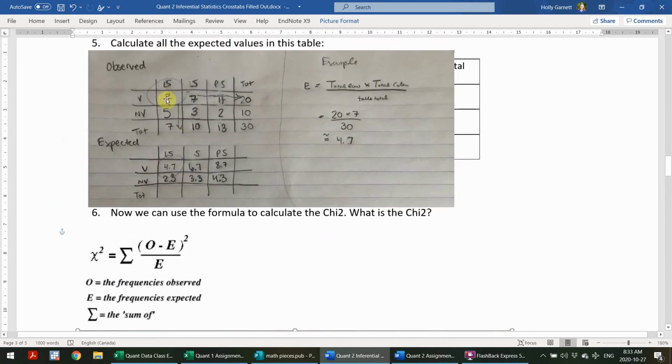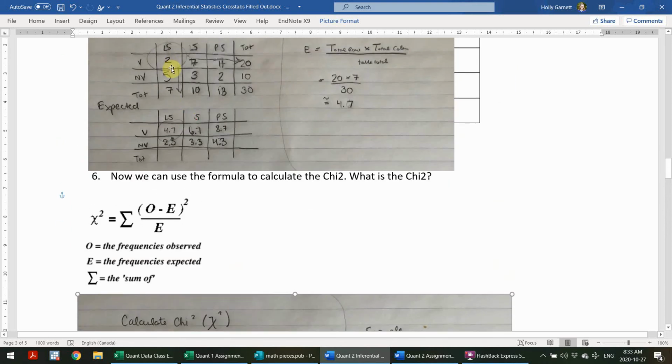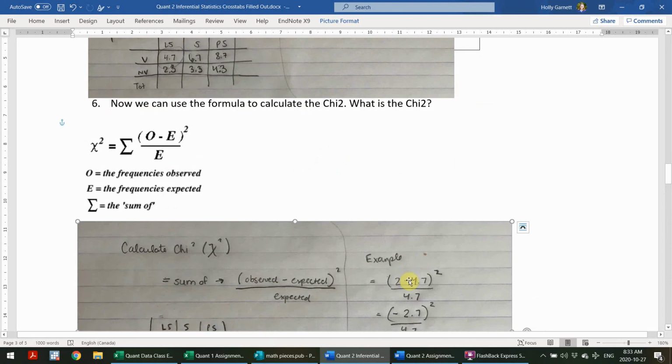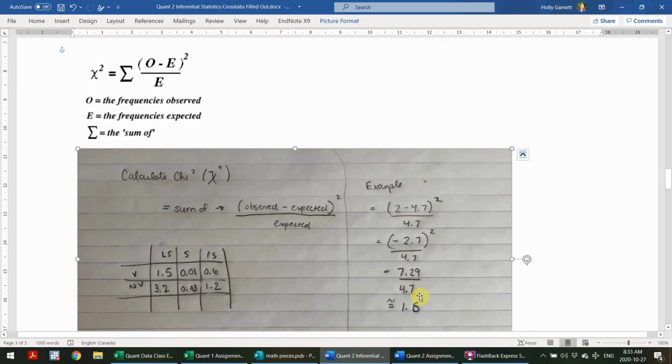For the first cell, our observed is 2. So 2 minus, what was our expected? 4.7. 4.7 squared over the expected, which again is 4.7. And that comes out to something around 1.5-ish. You'll notice the squiggly means it's kind of ish, 1.5.